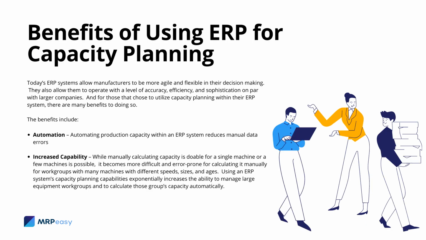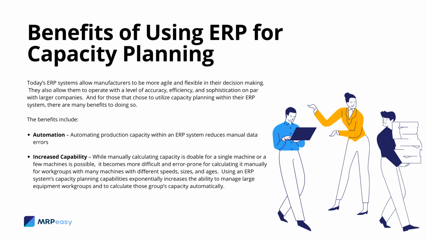Today's ERP systems allow manufacturers to be more agile and flexible in their decision-making. They also allow them to operate with a level of accuracy, efficiency, and sophistication on par with larger companies. And for those that choose to utilize capacity planning within their ERP system, there are many benefits to doing so.